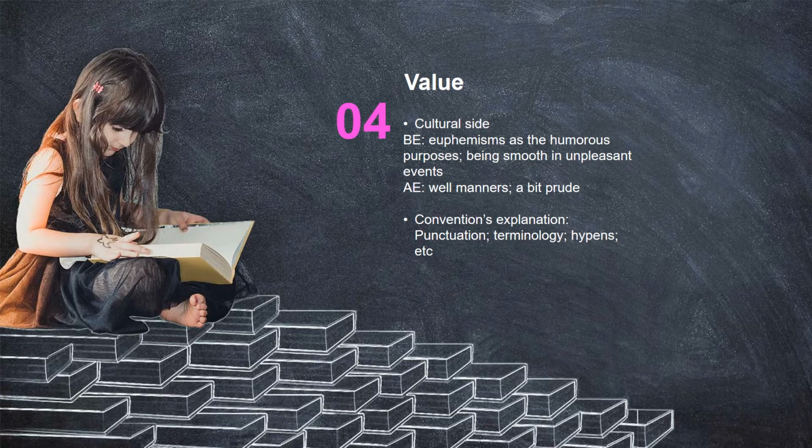I've got the values from the article. Let's see, the first value is the cultural side. In British English, they use euphemisms for humorous purposes and to be smooth in unpleasant events. Euphemisms in Indonesia are called pelembutan bahasa, used to show their idea even if they don't like something.